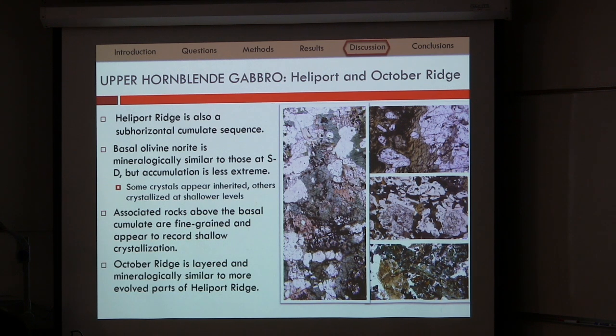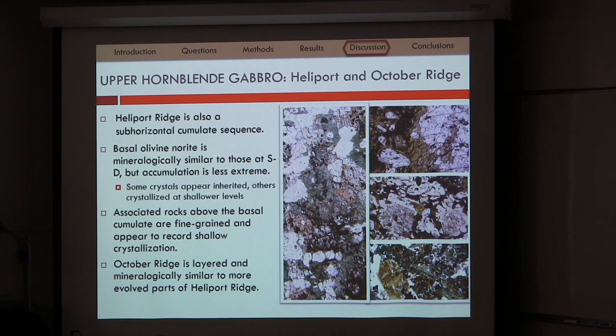And October Ridge, we don't have as much field stuff to look at there, so it's not as clear that this is a sill complex at October Ridge, but it is layered. And we have more evolved mineralogies there as well that are very similar to what we see at Heliport Ridge. So we have basically one big difference when we say more evolved mineralogies.